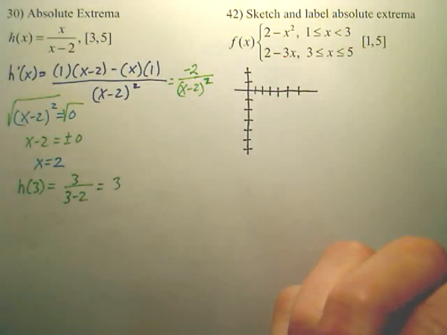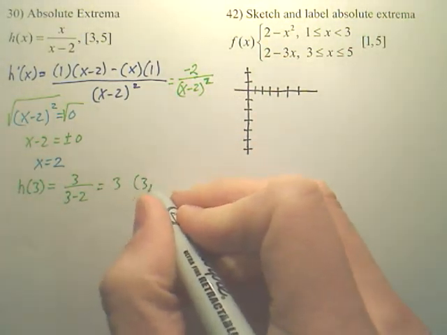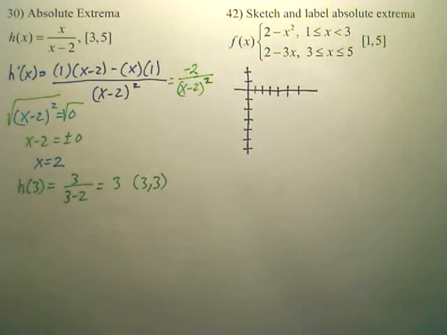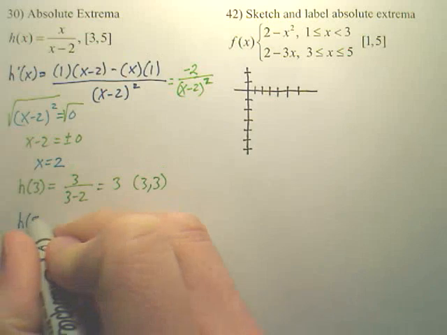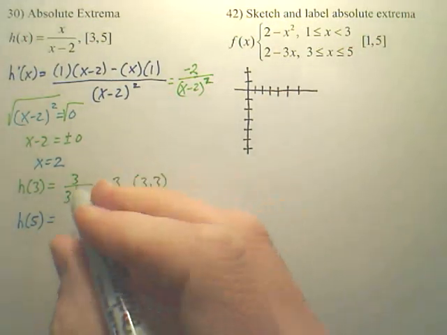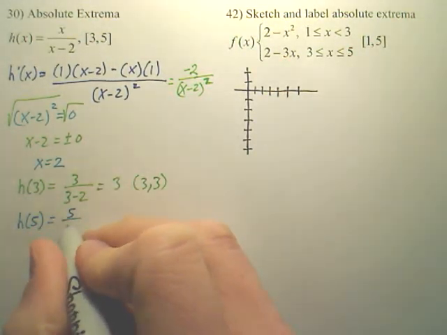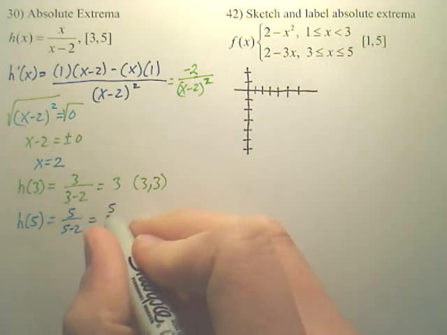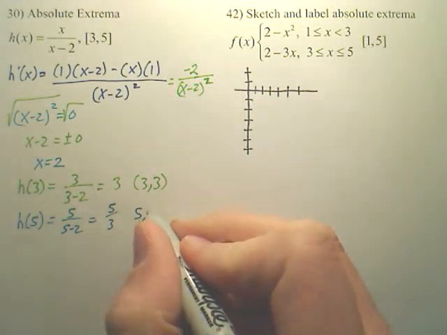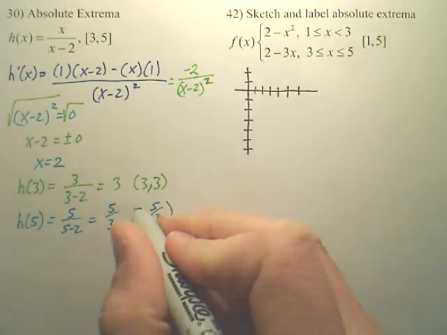Is that right? So you got 3, 3 as one coordinate. And your other coordinate would be h of 5, which is 5 over 5 minus 2, which would be 5 over 3. So 5 comma 5 over 3.